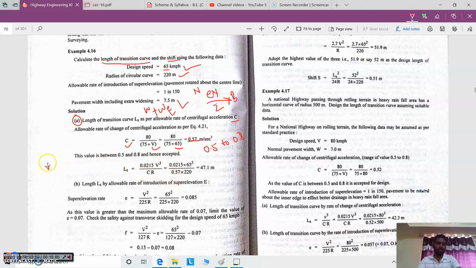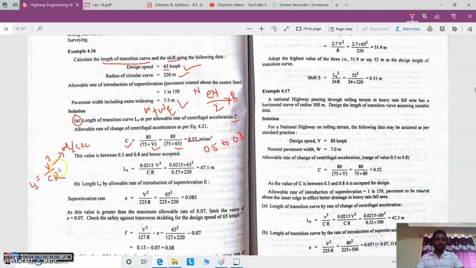If it is not considered in kmph, then Ls equal to V cube by CR, where V is in meter per second. You can consider either this formula or this one. You should remember any one of these two, so that you can calculate easily.